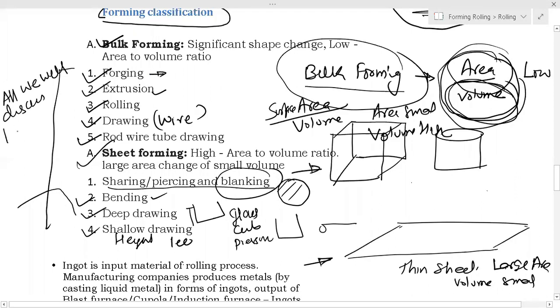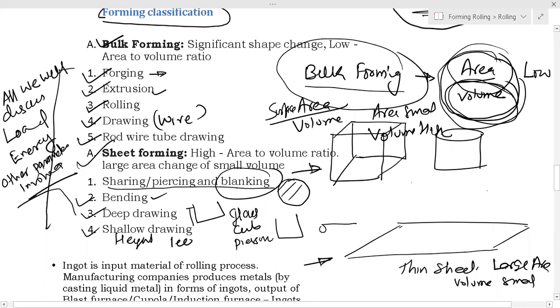We will find the load, energy, and other parameters involved. So one by one we'll discuss.